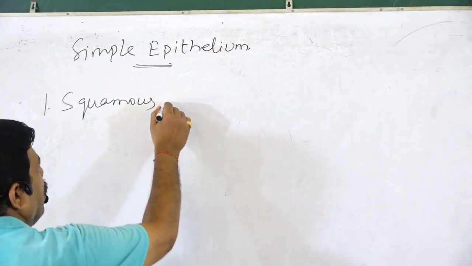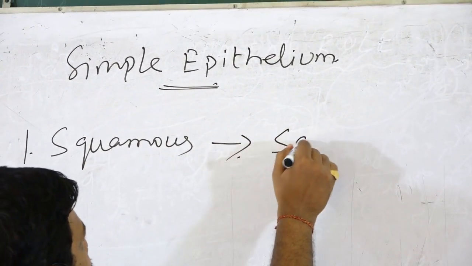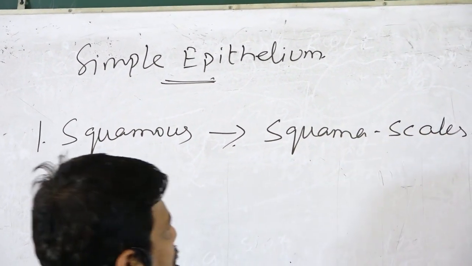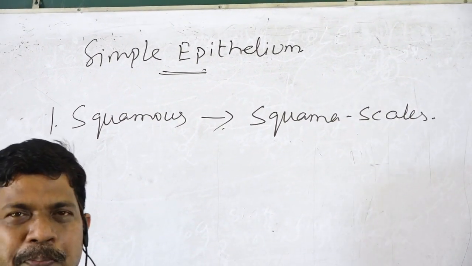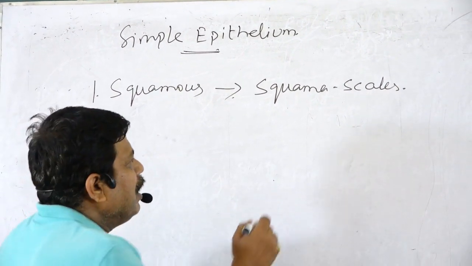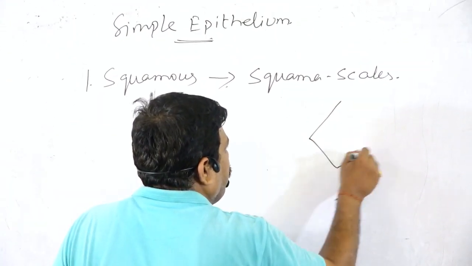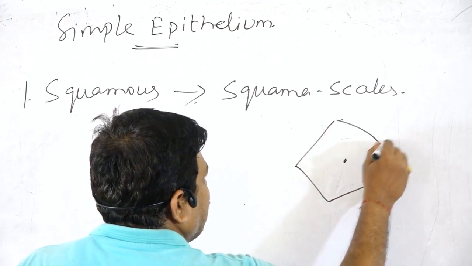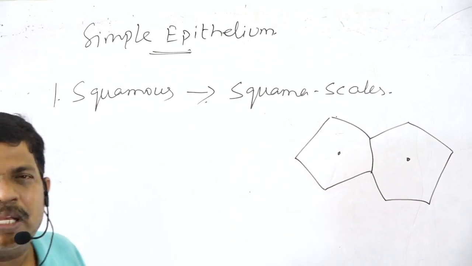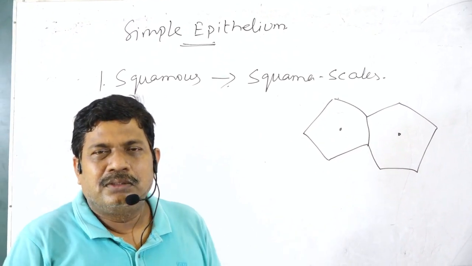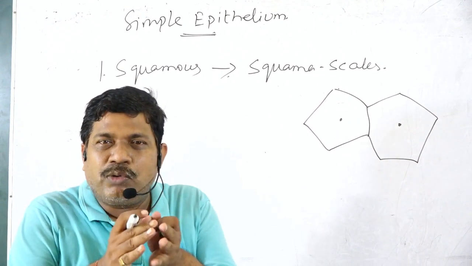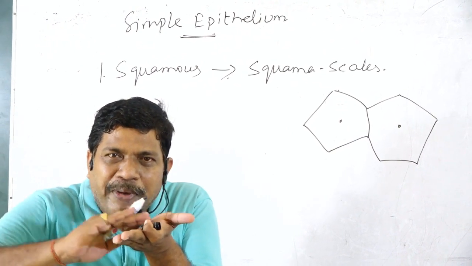The term squamous is derived from squama, which means scales, scales of fish, scales of reptiles, such like scale, which is polygonal in shape, very much thin and flat, so much thin that the centrally placed nucleus provides a bulging appearance.